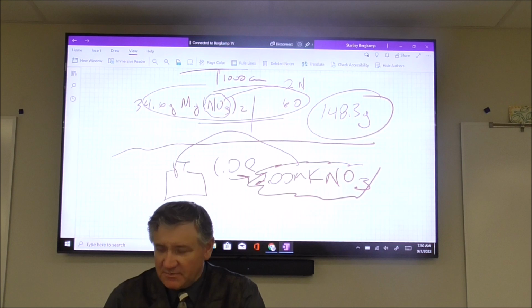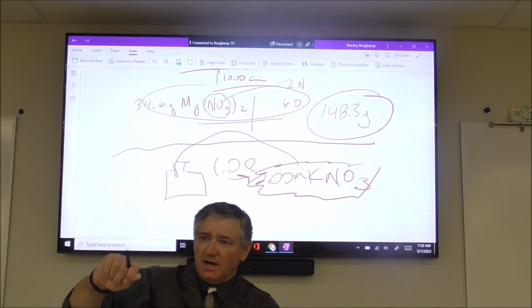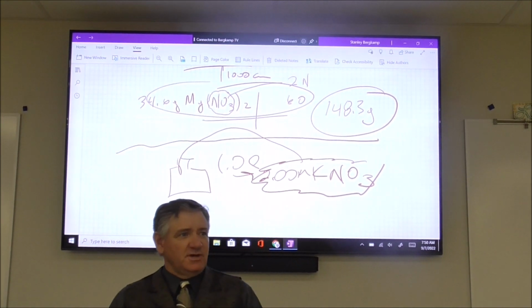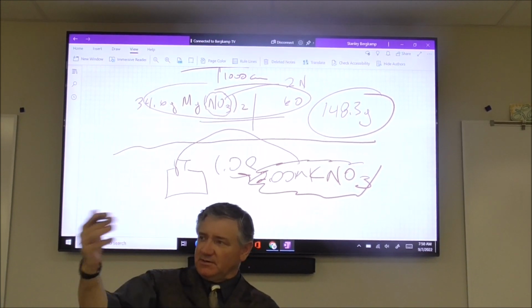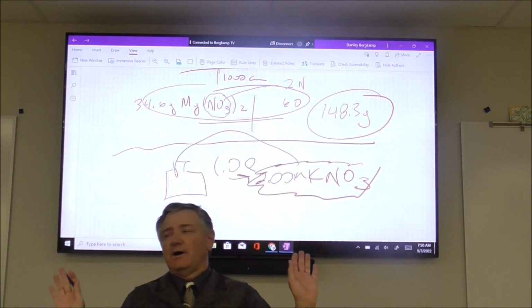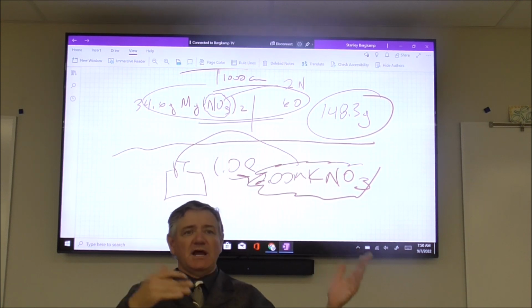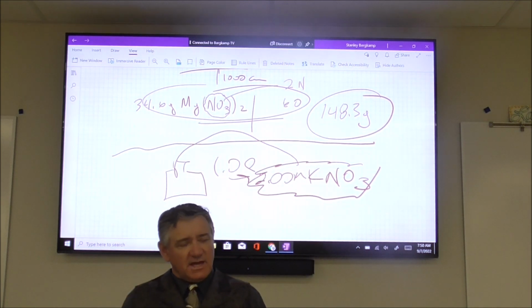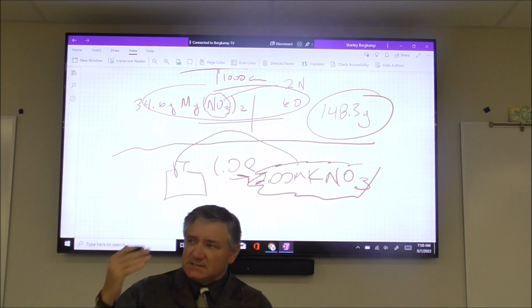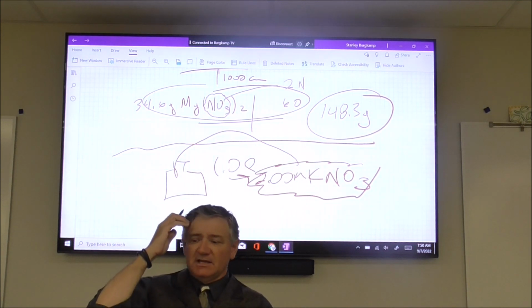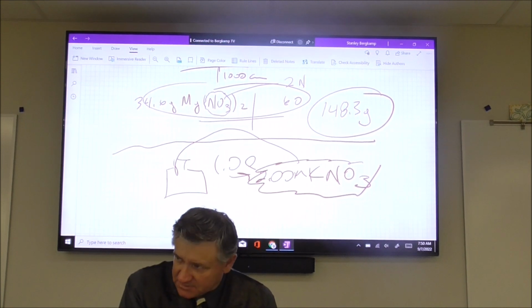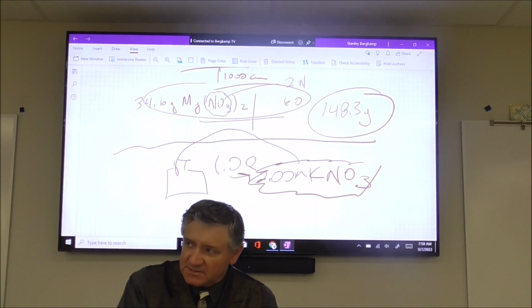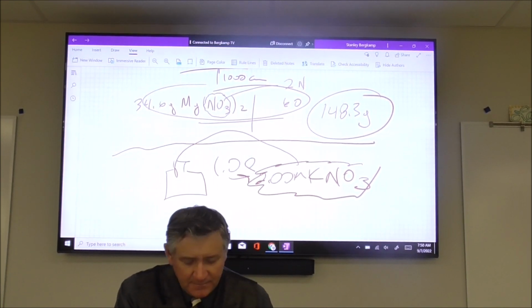Scales don't measure in moles. If they measured in moles, simple. I would just take some potassium nitrate, set the scale to potassium nitrate, measure it out until it equaled 2 moles, boom, I'm done, and just add that to that. But the fundamental mindset that you have to get is that the scales don't measure in moles. The scales measure in grams.